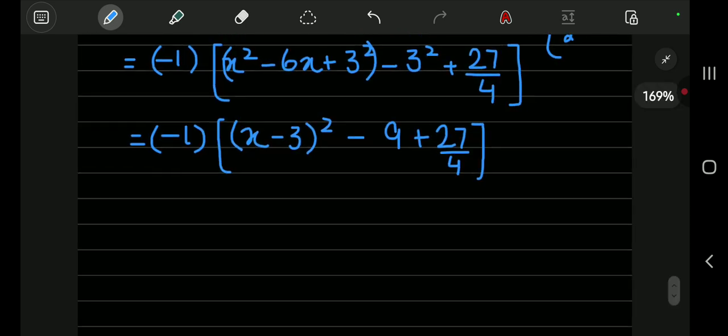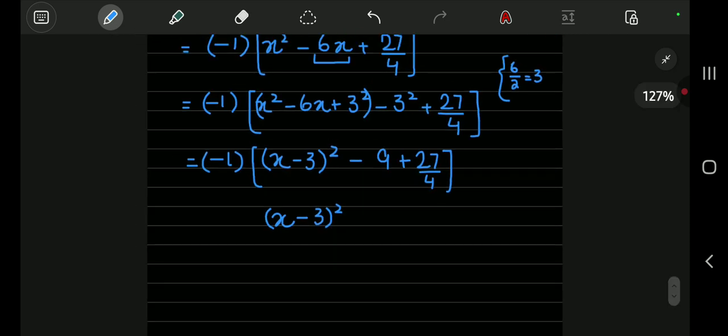Then we will be having x minus 3 whole square, then simplifying this, minus 9 plus 27 over 4. So making a common denominator, multiplying and dividing this by 4 will make it 36 over 4.